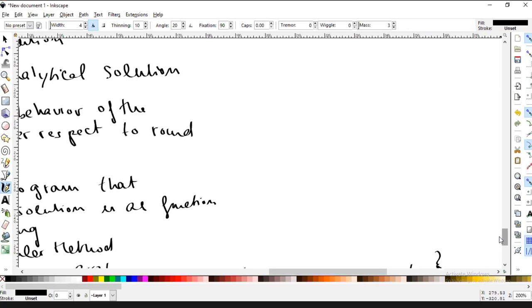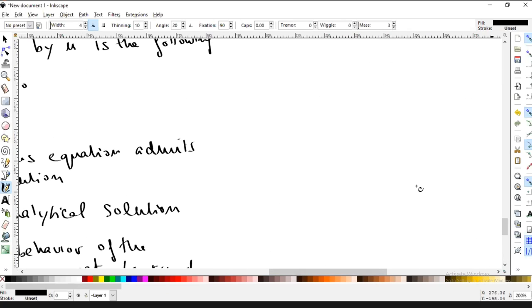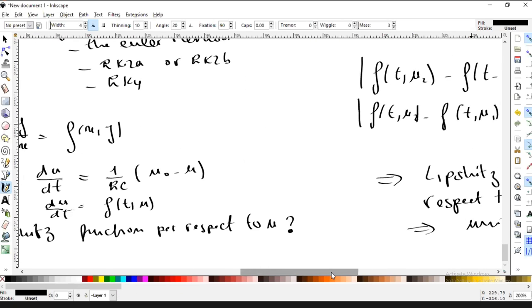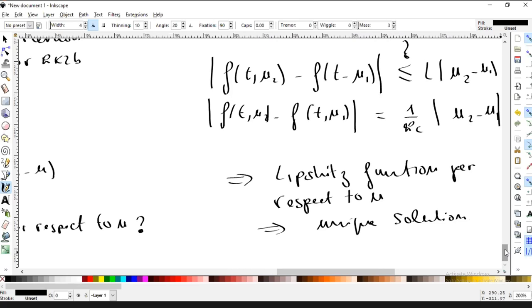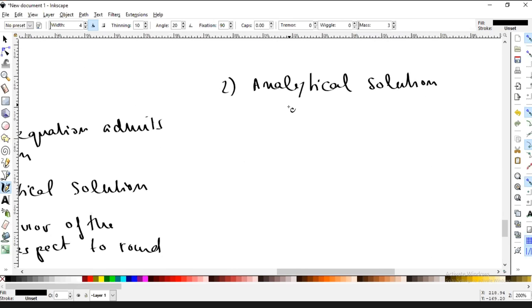So let's do the analytical solution of du over dt equal to 1 over RC times U0 minus u.